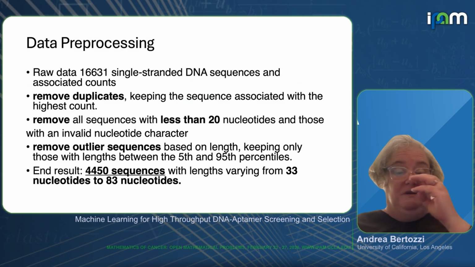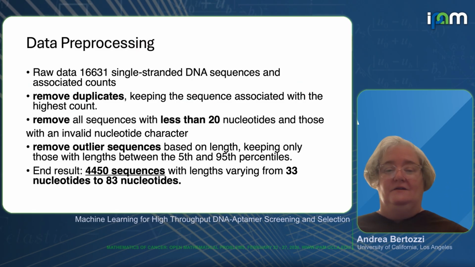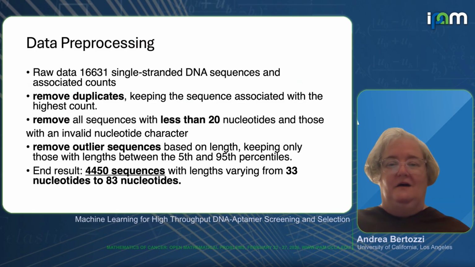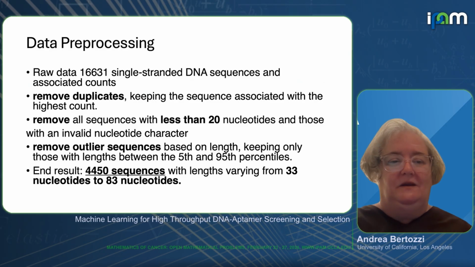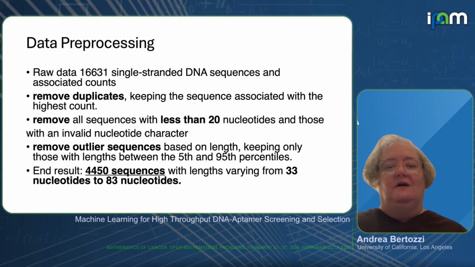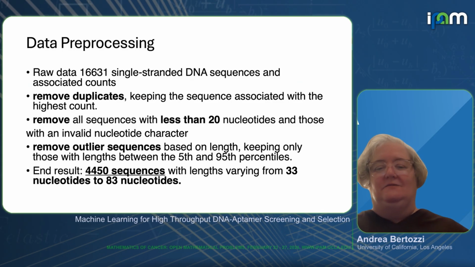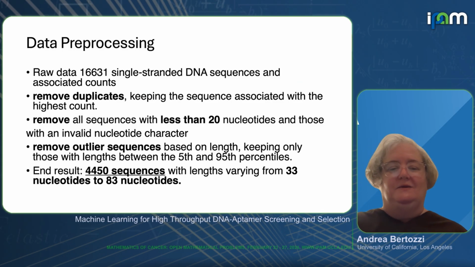Data pre-processing. Now this is on our end. The lab work is done; that's not my group's responsibility. But then they give us the data. The raw data is about 16,000 single-stranded DNA sequences. We remove the duplicates and keep the sequences associated with the highest count. The count means how many times that sequence appears in the next generation sequencing of the information.